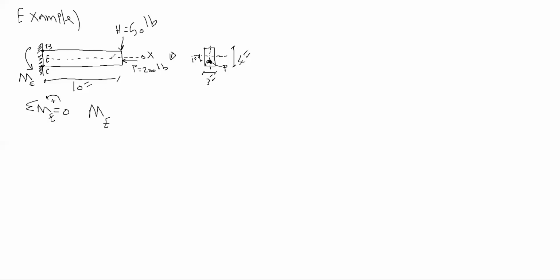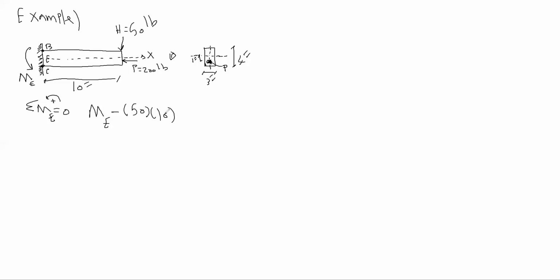We have 2 loads. What's the moment from load H to the point E, to section E or section BC? It's going to be minus 50 times 10, because it's clockwise.